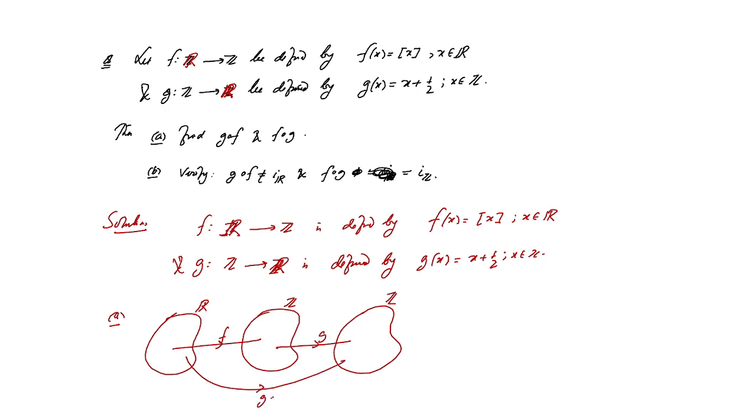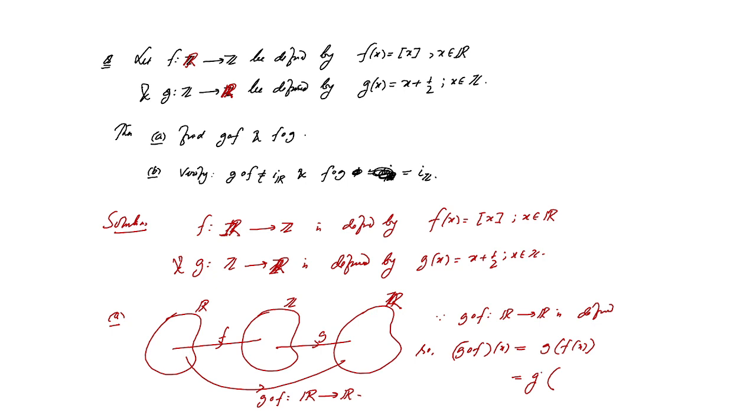So now we need to calculate g composed f, and this will be R to R. Since g composed f: R to R is defined, g composed f of x, according to the definition of composition mapping, we can write g of f(x).